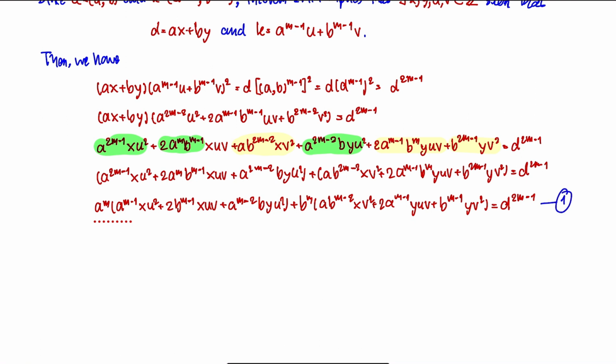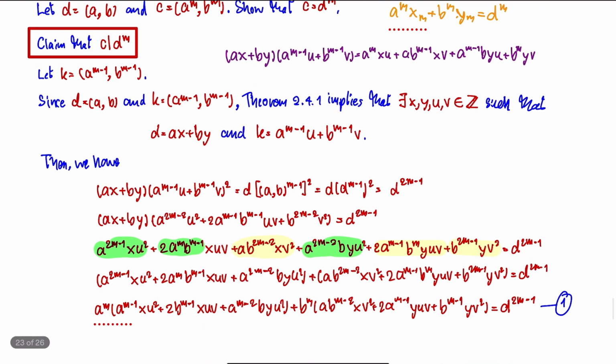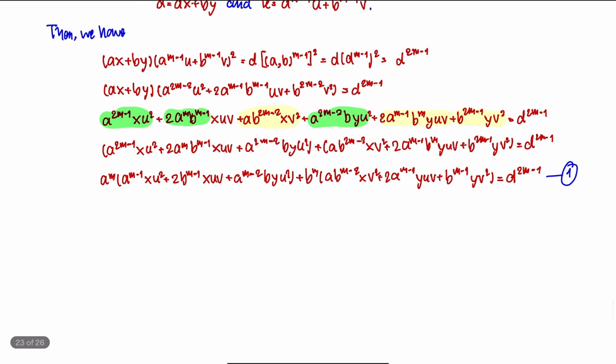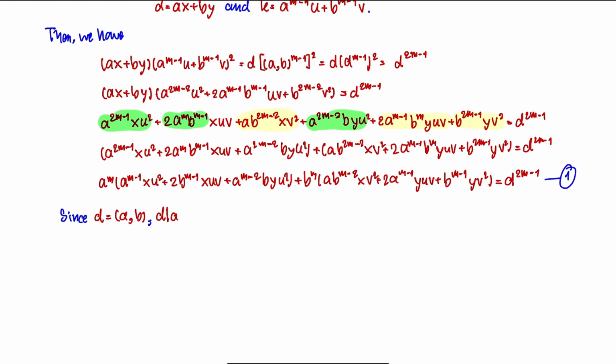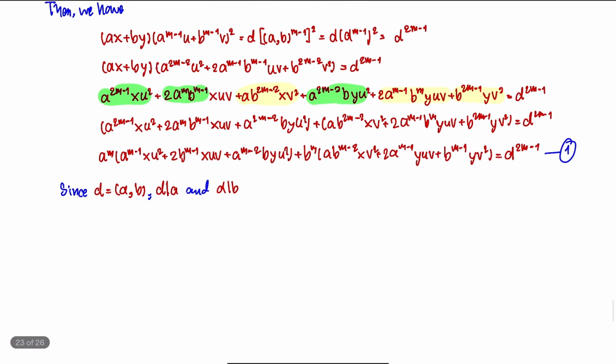Now we have that d is the greatest common divisor of a and b. Okay, so since d is the greatest common divisor of a and b, now what happened? We could have d divides a and d divides b, right? Now what happens next?